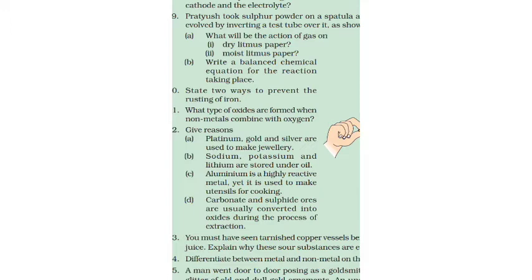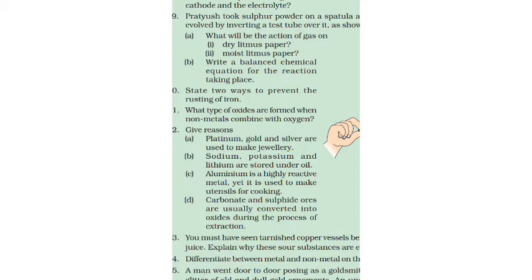When sulfur is heated in air, sulfur dioxide is formed. This gas has no effect on dry litmus paper. On moist litmus paper, the gas turns it red, and on prolonged contact with the gas, the litmus paper gets discolored. The balanced equation is S plus O2 gives SO2, where S is solid, O2 is gas, and SO2 is gas.